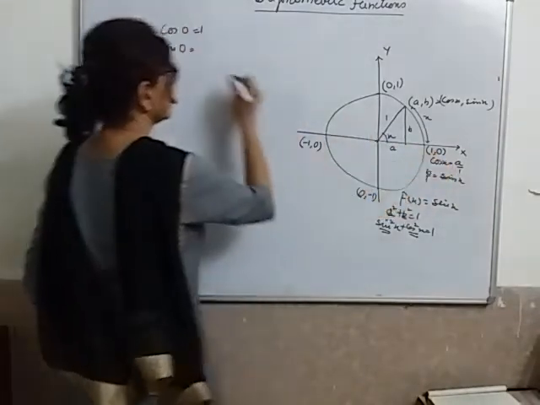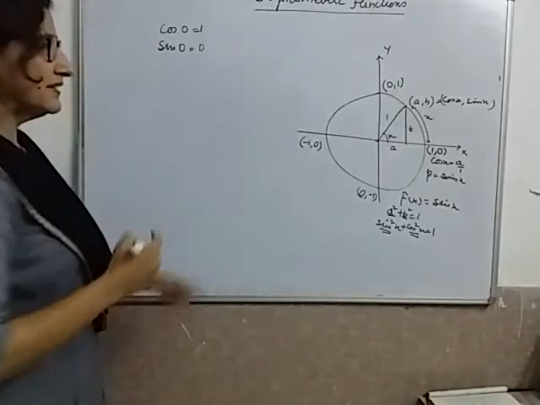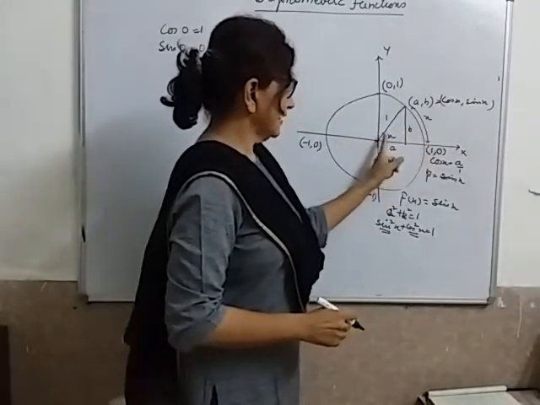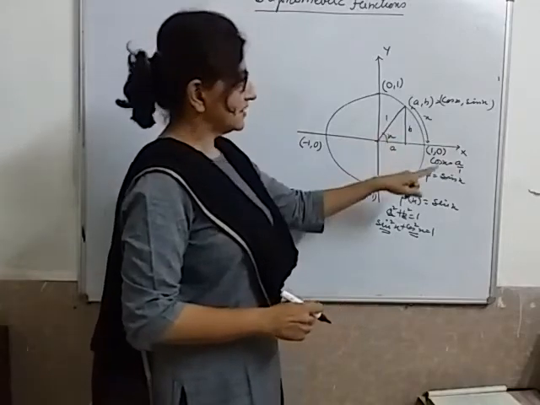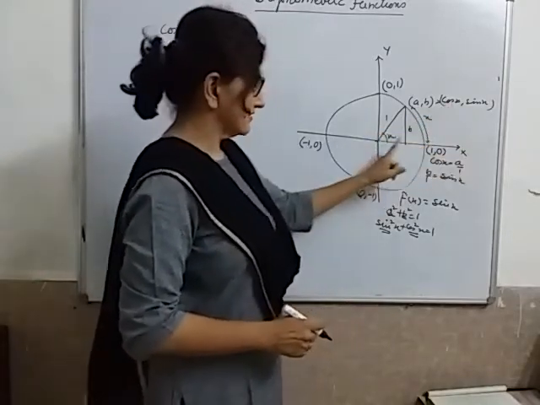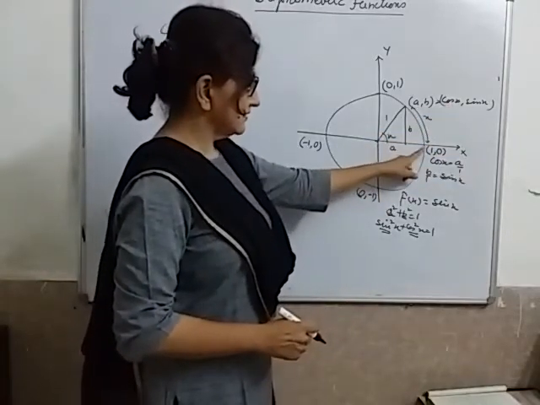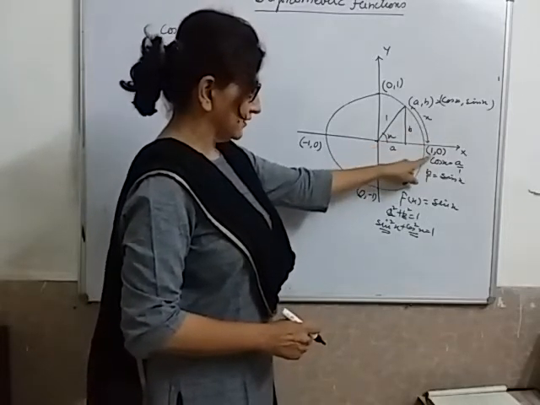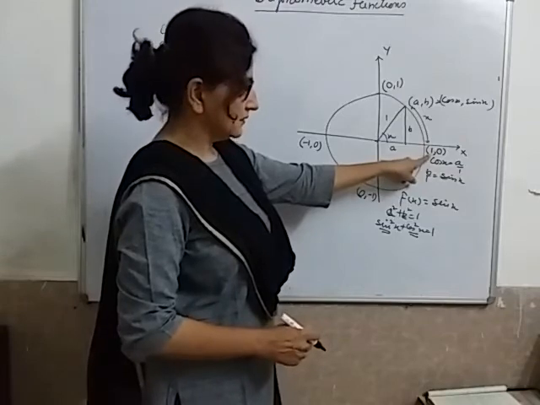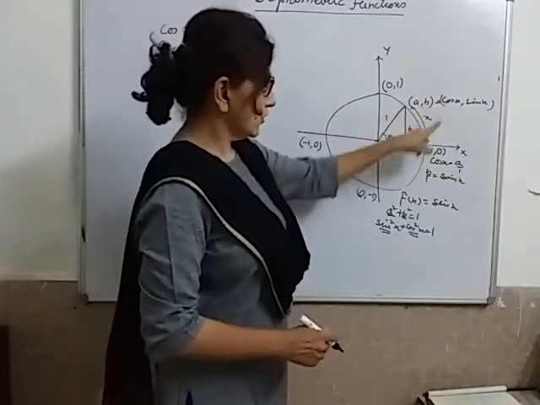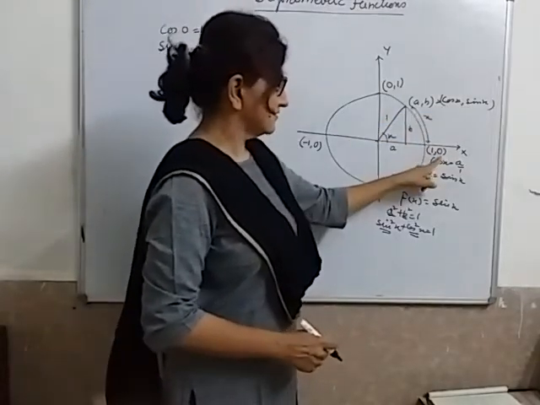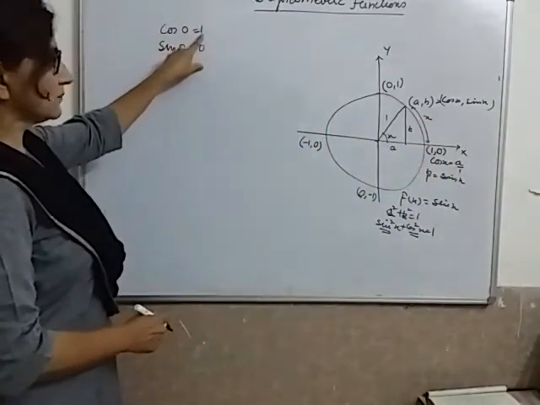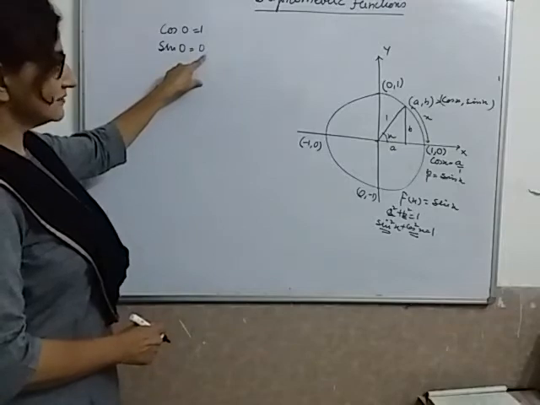Please see carefully. What I am trying to say is, in the beginning I said for every value of x there will be a value of cos x and sin x, okay? So initially x is 0, the point (a, b) shifts over here, it means cos x, sin x also shifts here. So cos x is 1 and sin x is 0 and x here is 0, it means cos 0 is 1 and sin 0 is 0.